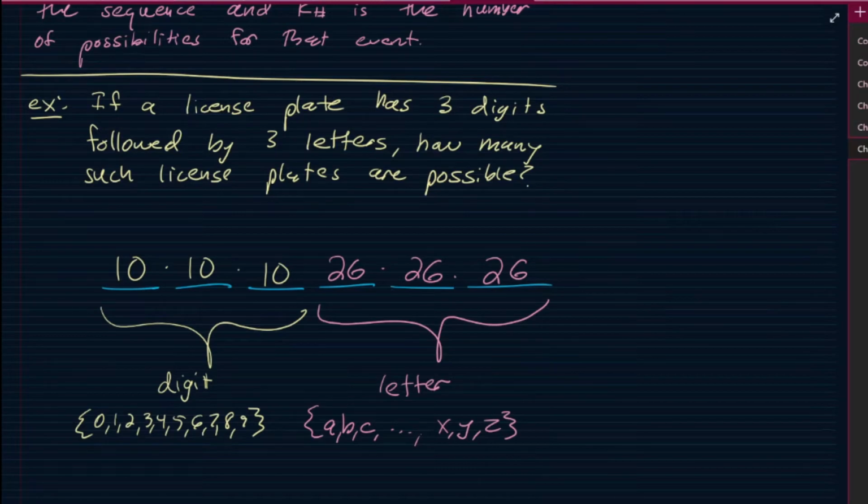Because in the second slot, we can't use whatever digit we used in the first slot, so instead of 10 to choose from, we've got 9. And then the third slot, we have 8 to choose from. If we also weren't allowed to repeat letters, it would be 26 times 25 times 24. So being allowed to repeat and not being allowed to repeat is pretty important. You've got to realize if that's happening or not. And if you are allowed to repeat, you can use this fundamental counting principle.